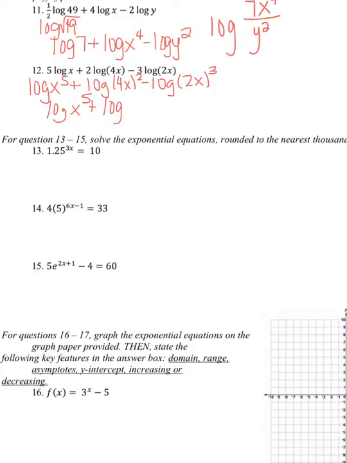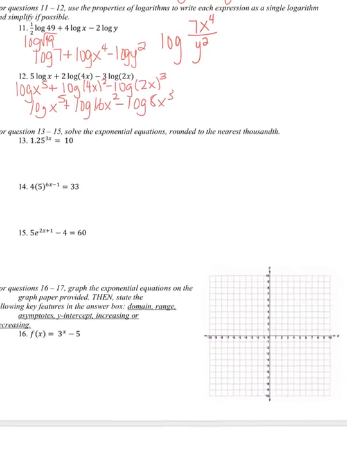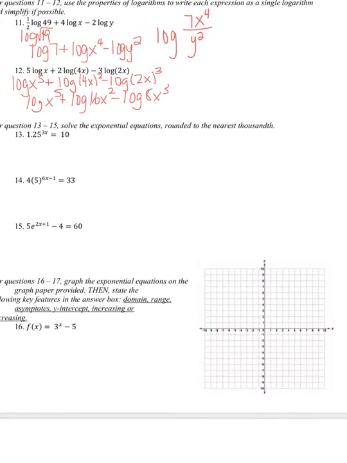Power to power, 4 squared is 16, x squared is x squared, minus the log, again, same thing, power to power. 2 to the 3rd is 8, x to the 3rd is x to the 3rd. So now, when I combine the addition and subtraction, I have log of x to the 5th times 16x squared divided by 8x to the 3rd.